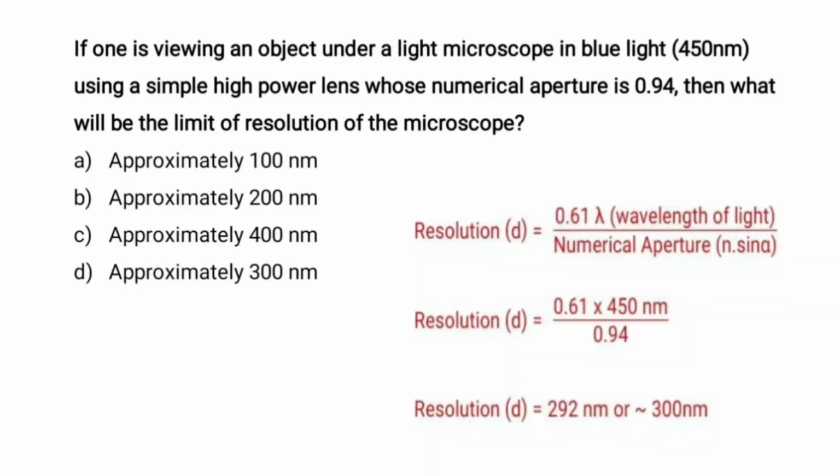So when we multiply 0.61 by 450 divided by 0.94, we get a resolution of 292 nanometers, which is approximately equal to 300 nanometers. The limit of resolution is basically the minimum distance between two closely situated points to distinguish them separately. So from the calculation we can conclude that the correct option will be option D.